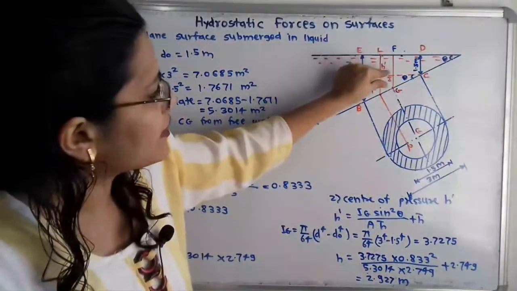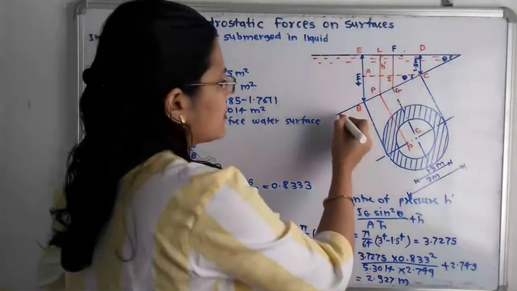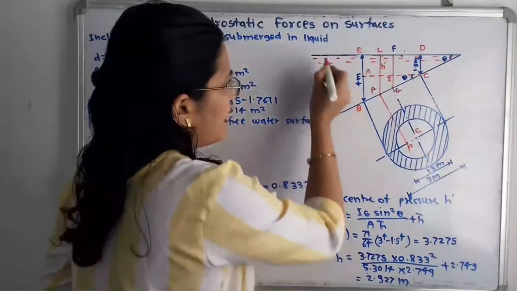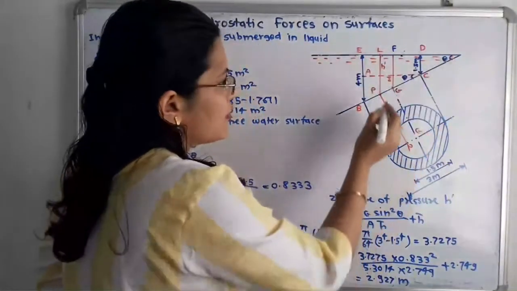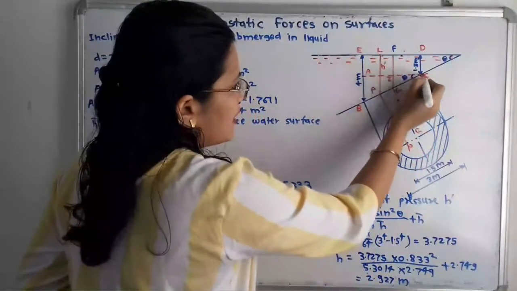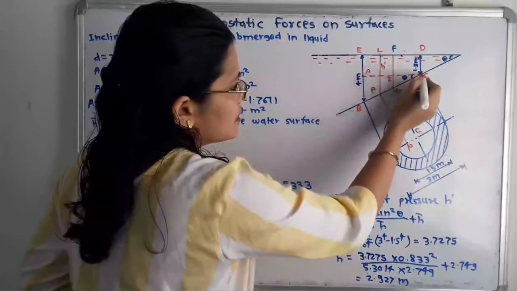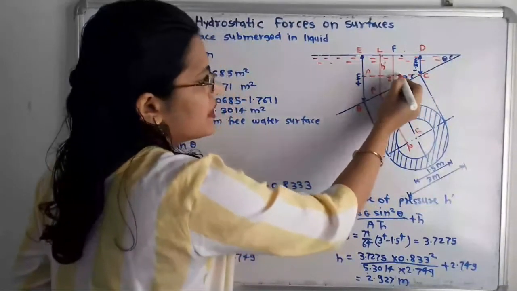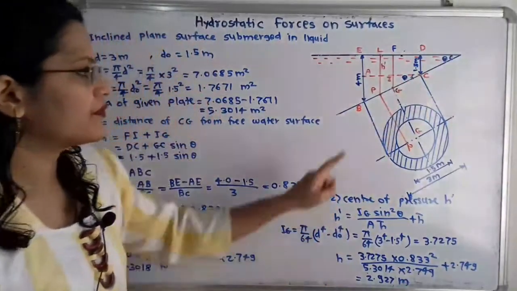Now how to find out this distance IG? Now if we observe this line, that is the inclined line making an angle of theta with this horizontal line. Now this is also a horizontal line and this is the same inclined line. So with this construction line, that I have shown with dashes, this is also the angle equal to theta.